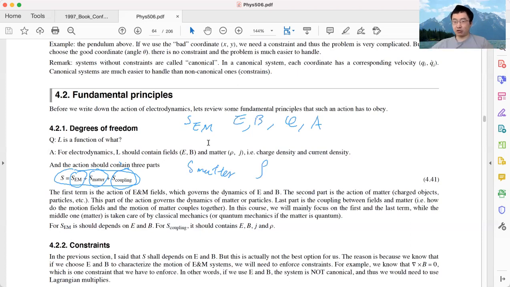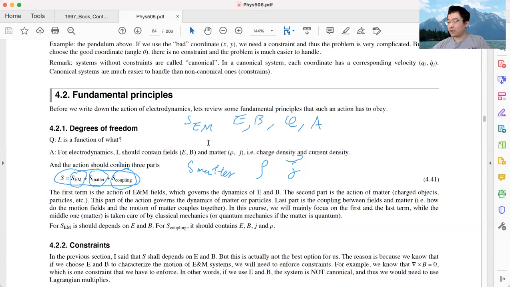How does the charge distribute in my space? And how does the current distribute, the current density in my space? So the matter part should depend on quantities like charge density, current density, etc. It tells us the location of the charge, etc.